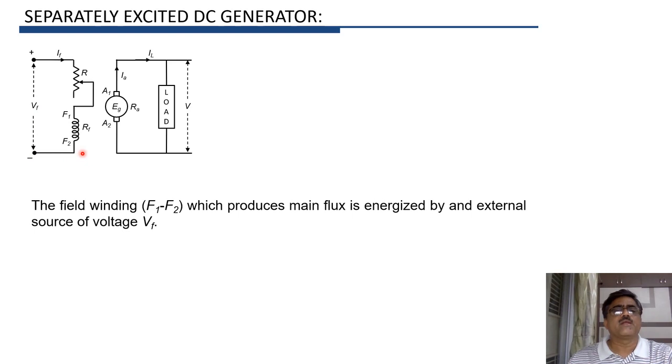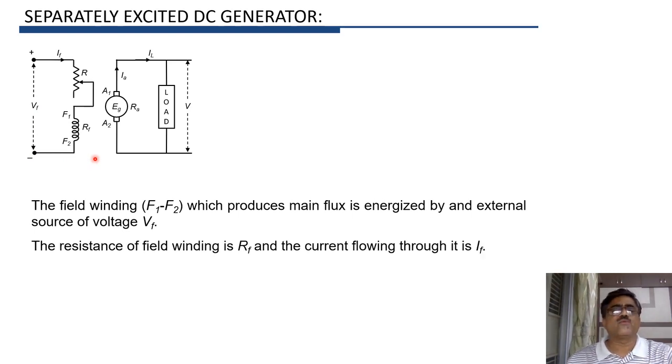Now here the current flowing through the field winding is IF and the resistance of the field winding is RF. Here R is the external resistance connected in series with the field winding. The function of this resistance R is to control the current IF which is flowing through the field winding.